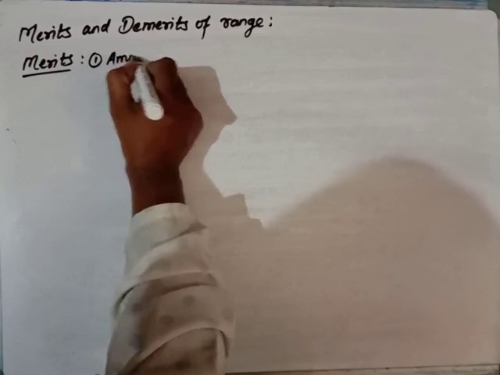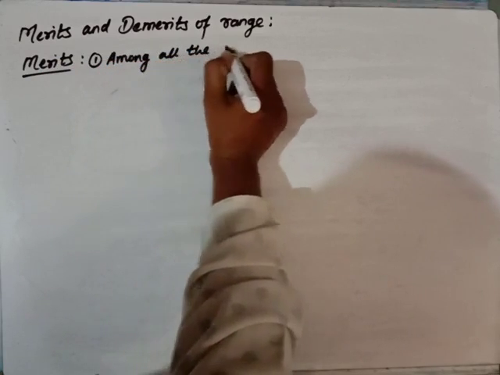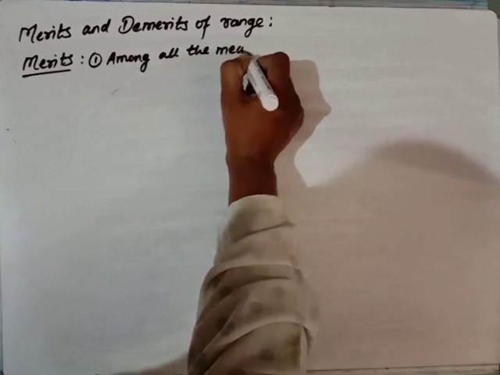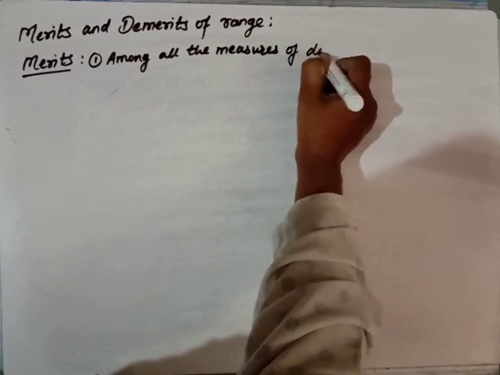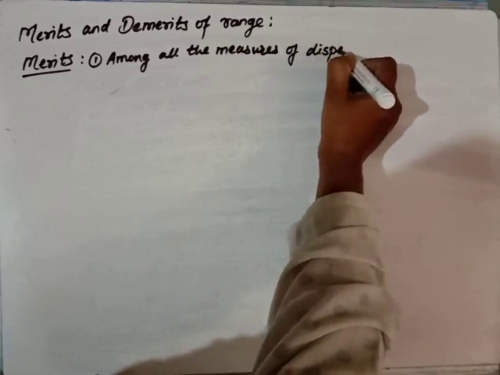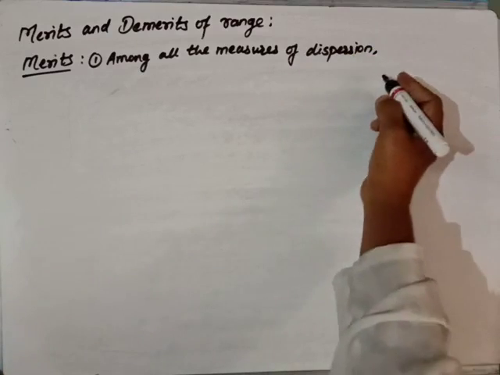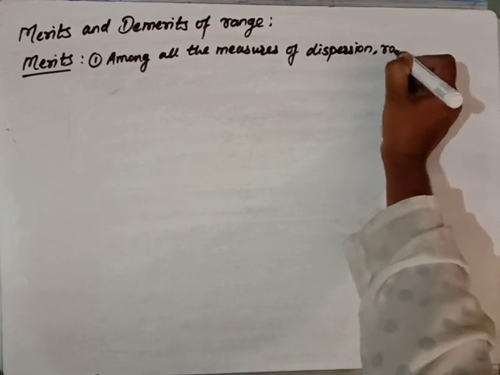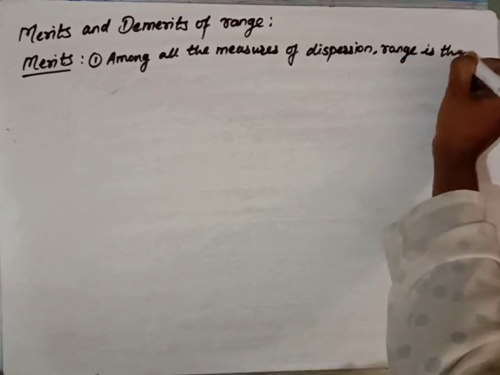Among all the measures of dispersion, range is the simplest.